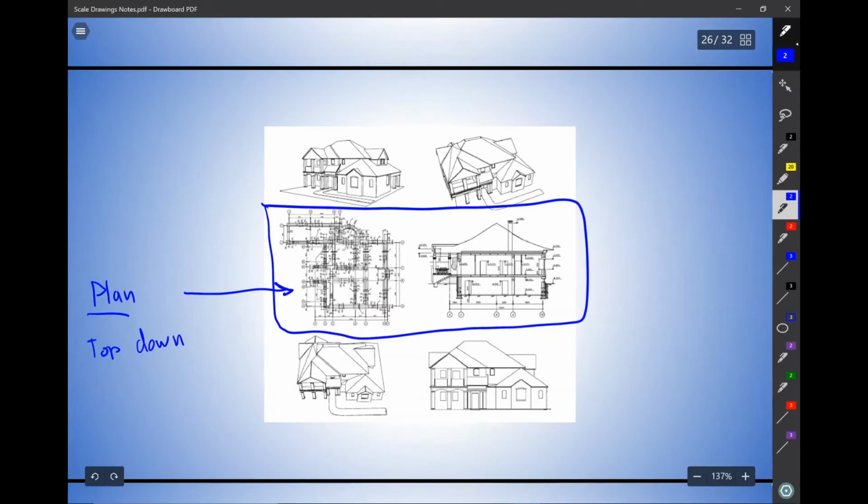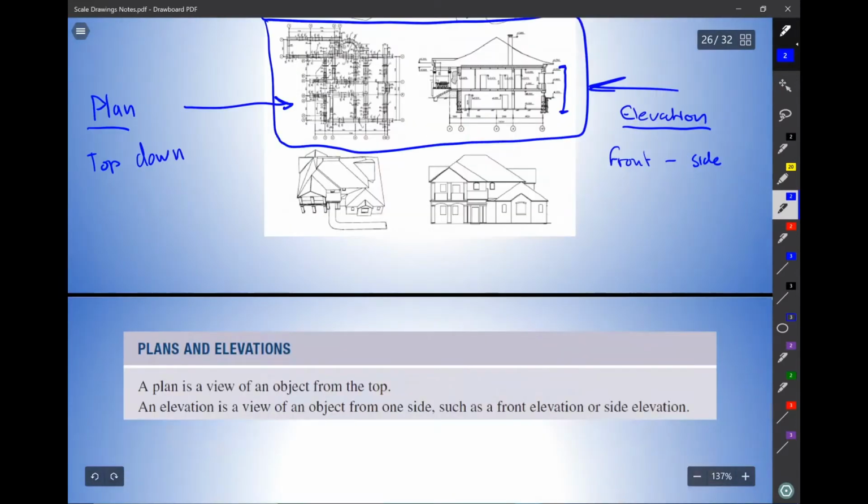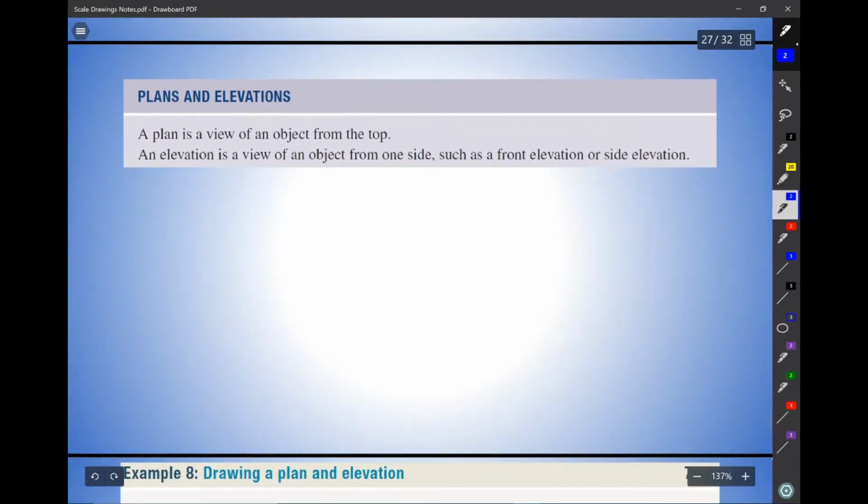And then you also have on this side something called an elevation, which is either a front view or side view. And it shows you how tall everything stands. And that's basically what I just told you. I would like you to write that down though, so just pause on this slide and copy that note down.